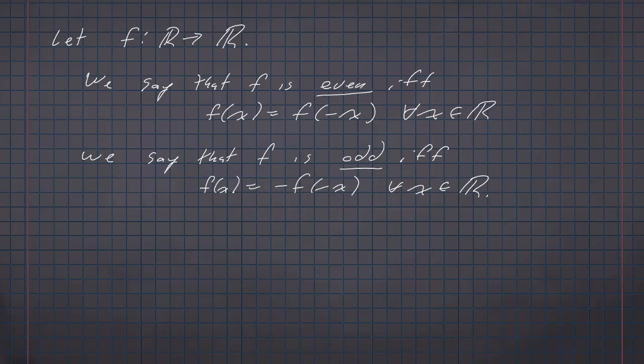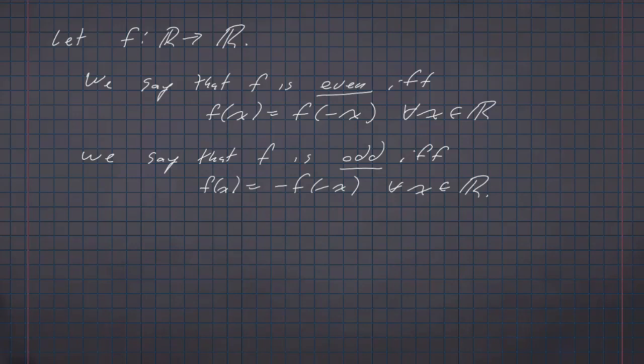And one property that works nicely with functions is that we can classify functions as being even or odd. A function is even if the value of a function at x is the same as the value of the function at the opposite of x for every value of x.